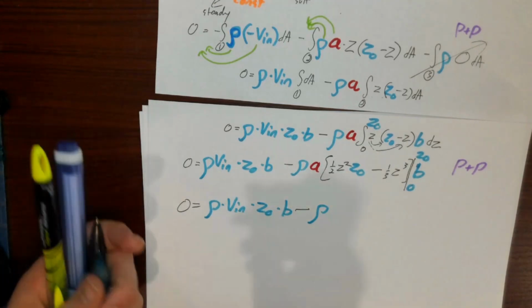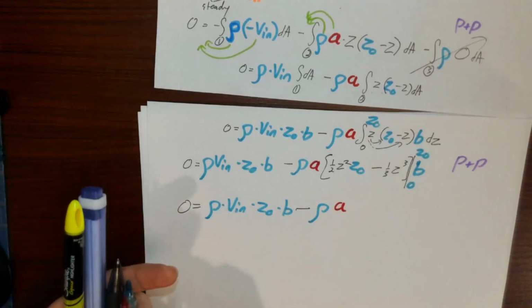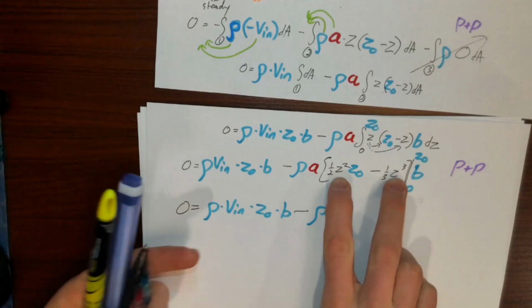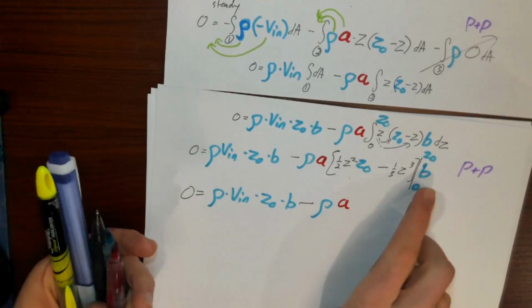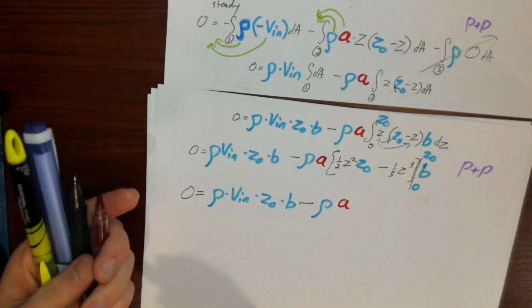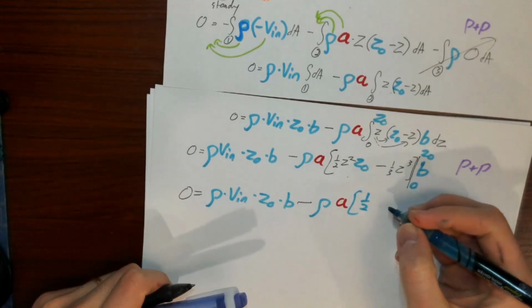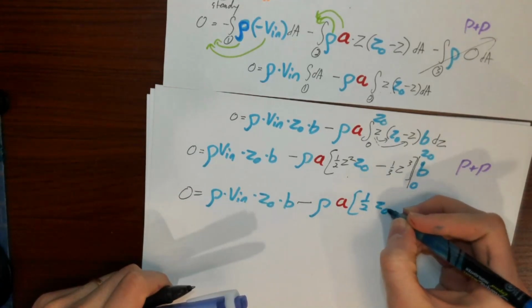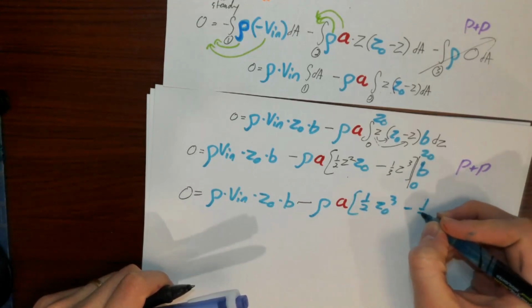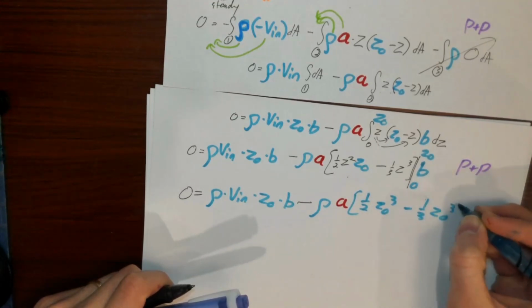rho a. The lower limit of integration, I just plug in 0 and I basically get nothing. Then the upper limit of integration, I end up with 1/2 z_0 cubed minus 1/3 z_0 cubed.